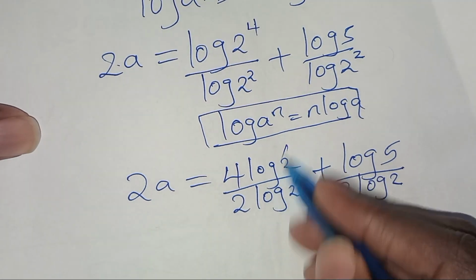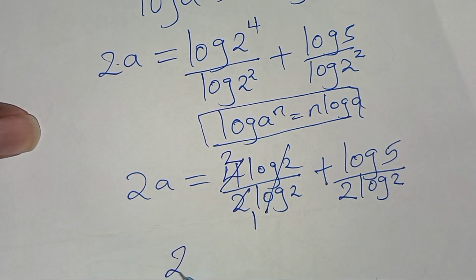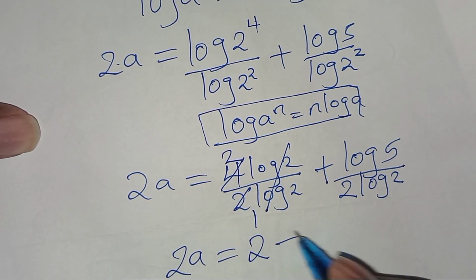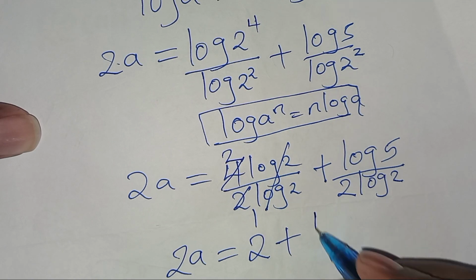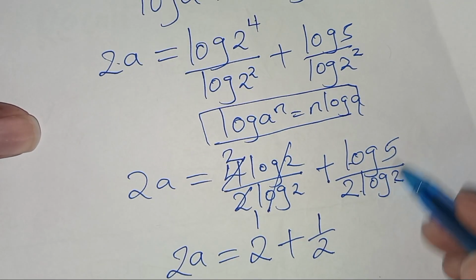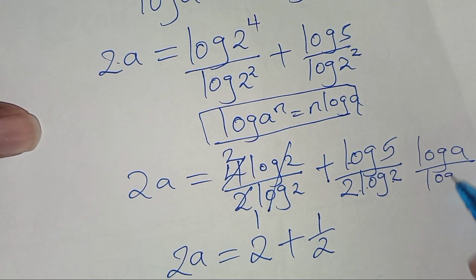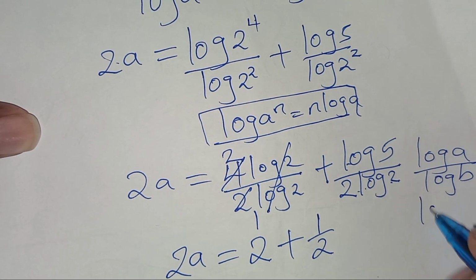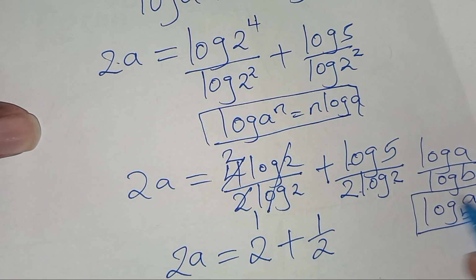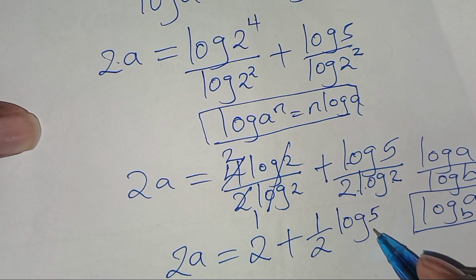Now let's simplify here, 2 by 2. So we'll have 2a equal to 2 plus, now this is half, log 5 divided by log 2. Log 5 divided by log 2 is in the form of log a divided by log b, which we can express as log a to base b. Applying this property, we now have a half log 5 to base 2.